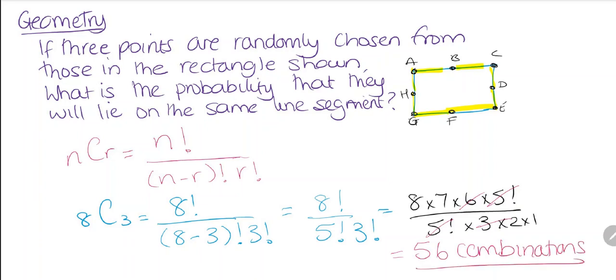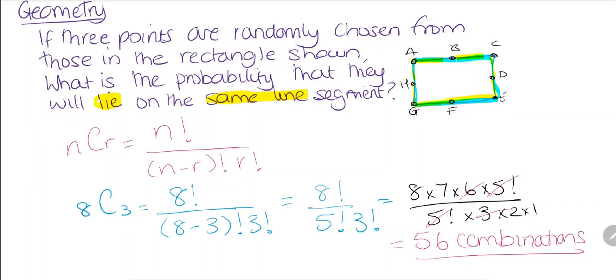Now the question says, what is the probability that they will lie on the same line segment? So we need to find out how many line segments we have. So this is 1, 2, 3, 4. So it's going to be 1 out of 4.